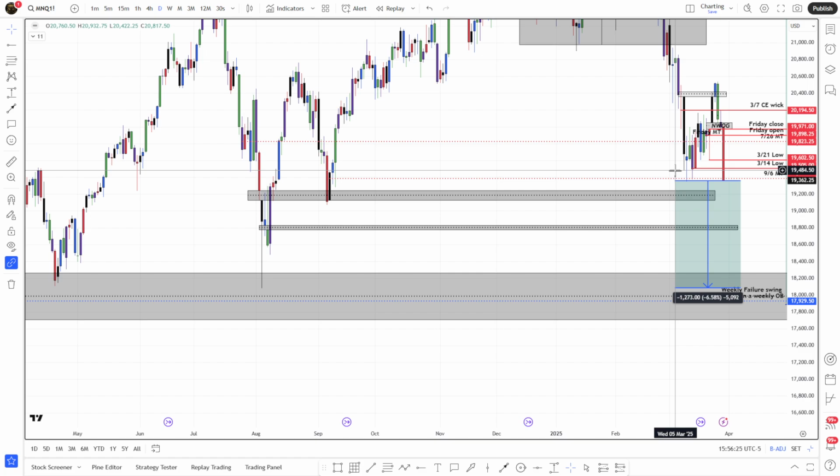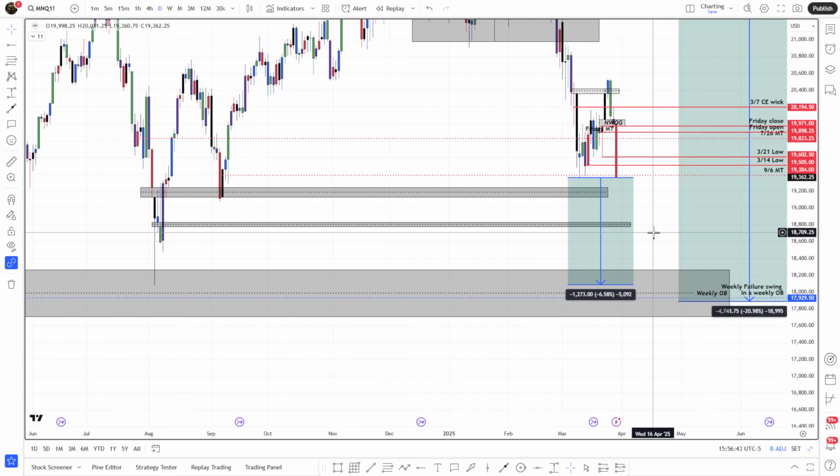If we scroll all the way back here, we got Monday highs, Monday highs, Monday low. Okay, so they all line up in this point of interest. So if I'm planning out for Monday, it would be nice to see a manipulation back up into this area.